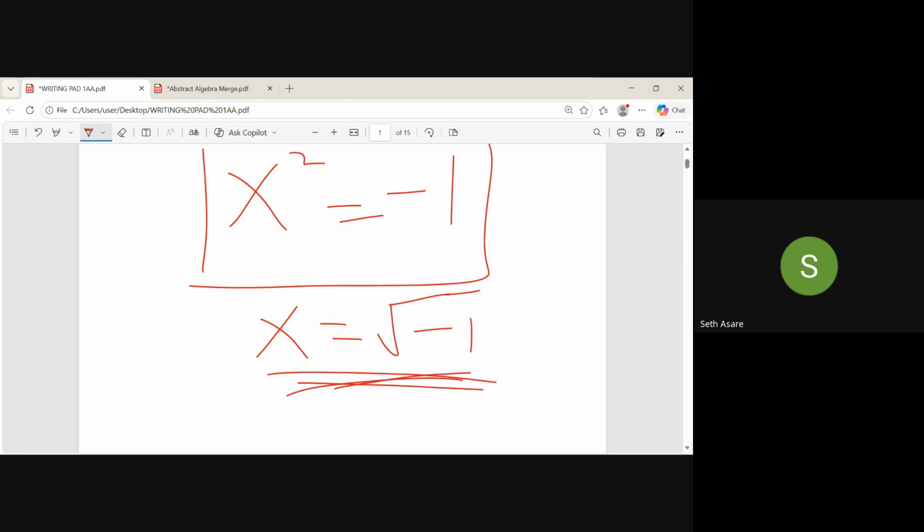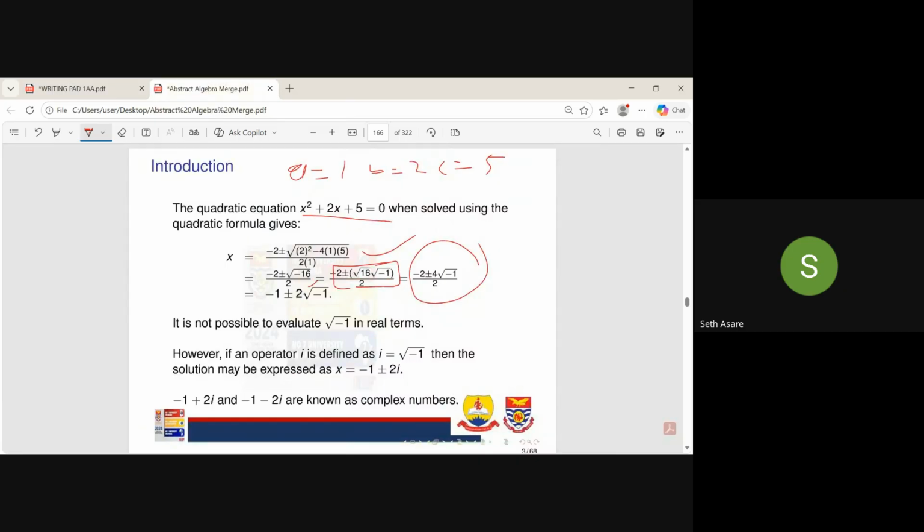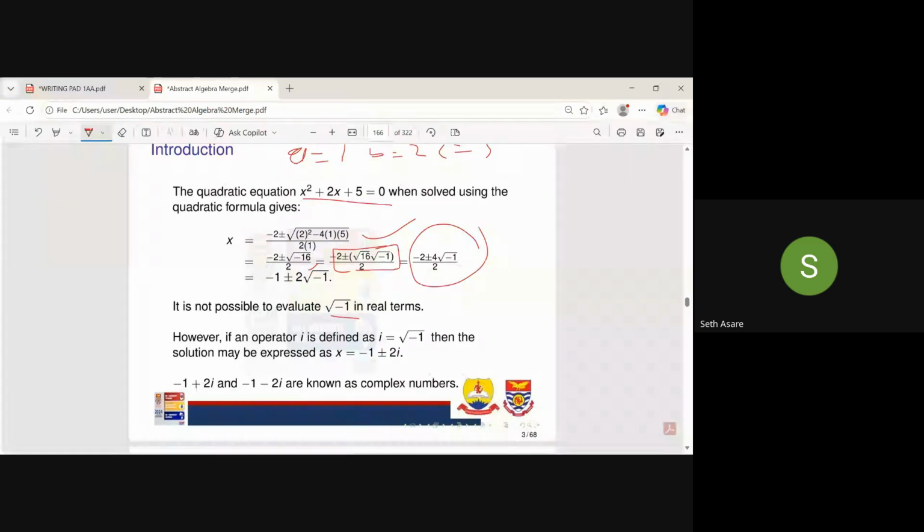But when we come to the complex side, we let i represent the square root of minus 1. That is in the complex number system. So what we have here, minus 2 plus or minus 4 root minus 1 over 2, will be simplified to x equal to minus 1 plus or minus 2i.